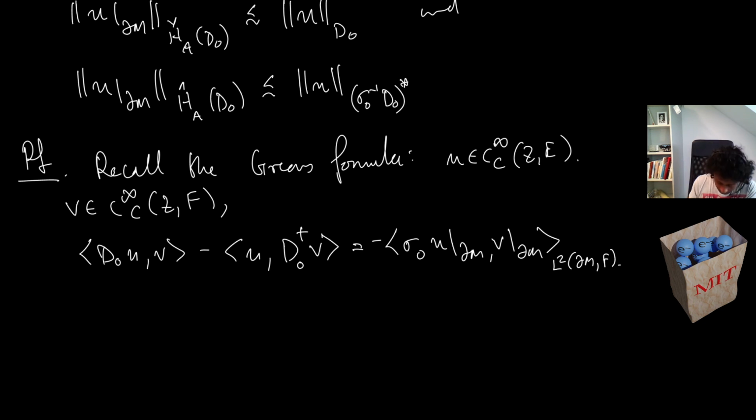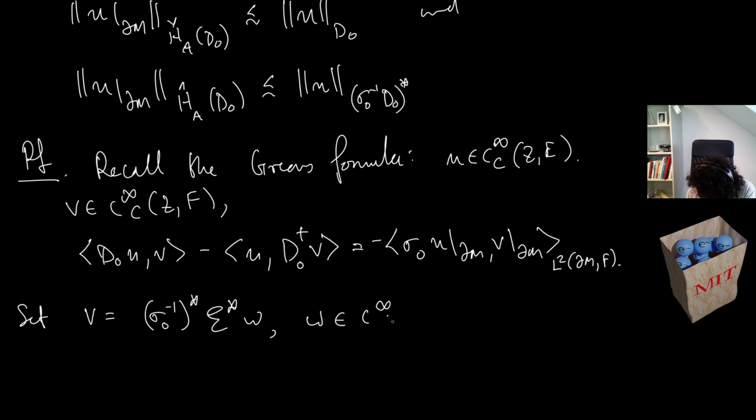Okay, so now set v equal to sigma naught inverse star E star w, where w is C infinity on the boundary of E, sorry.